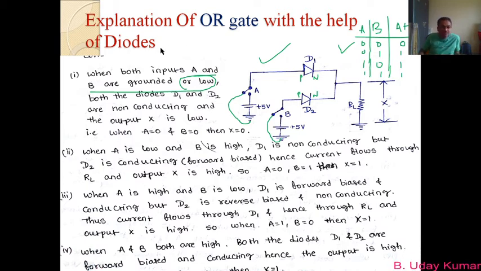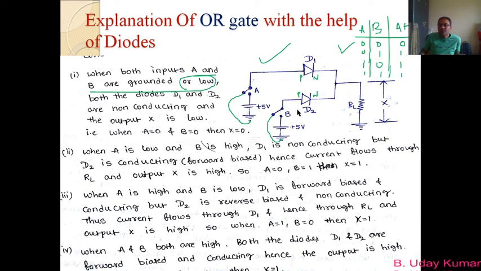So when both inputs A and B are grounded, both the diodes D1 and D2 will be in reverse bias condition, and hence they become non-conducting. Okay, and the output X is low. When they become non-conducting, no current flows through the diodes.